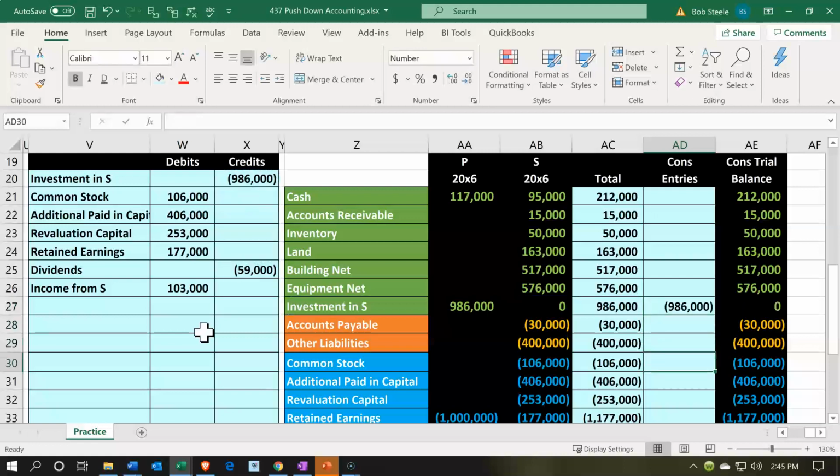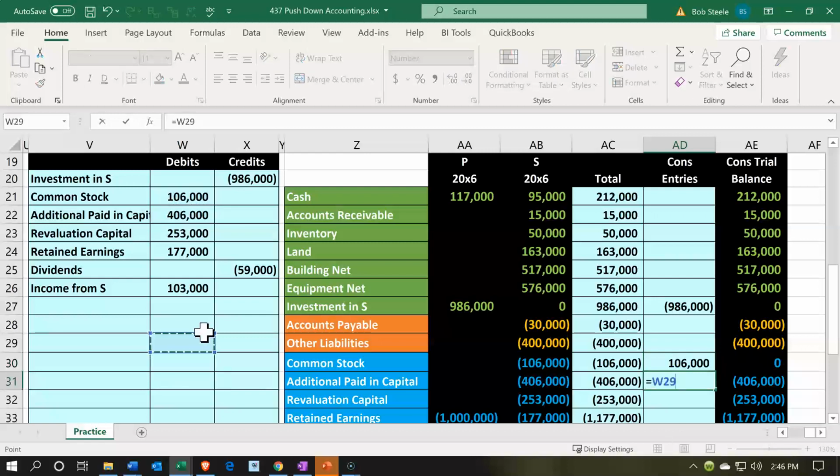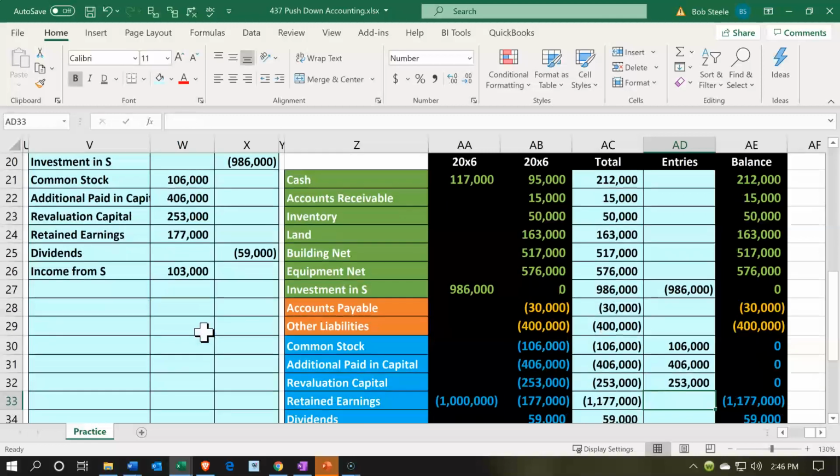Then the common stock, and I know I'm doing this a little faster because we've seen these a few times. So I'm going to say then the 106 is going to go down to 0. And then the additional paid in capital is going to go down to 0. And then the revaluation is going to go down to 0.